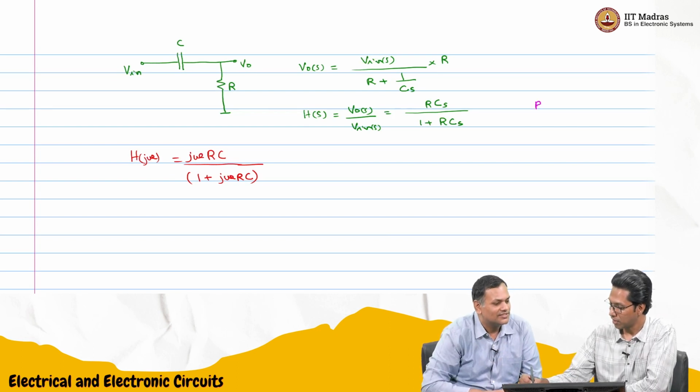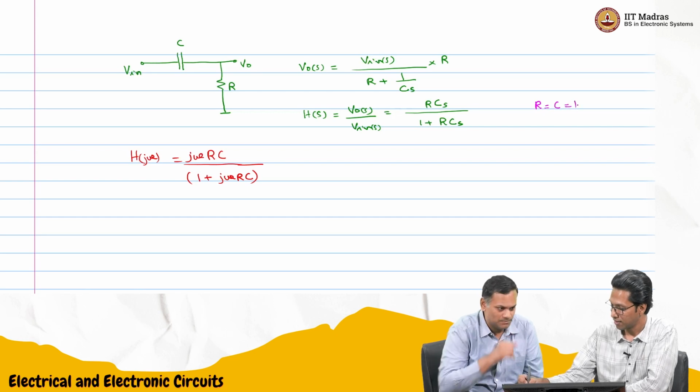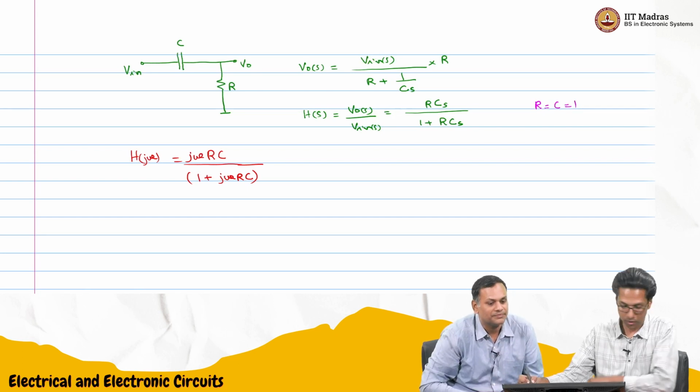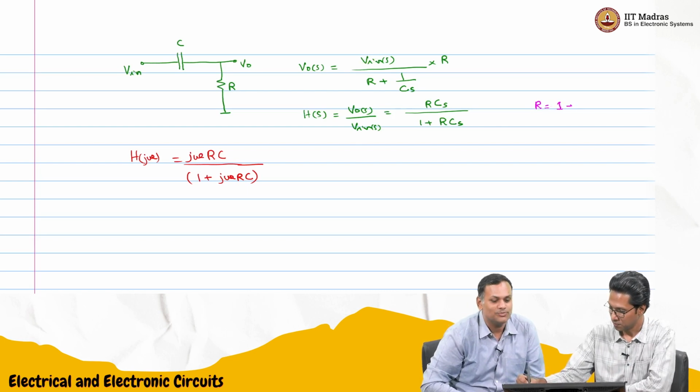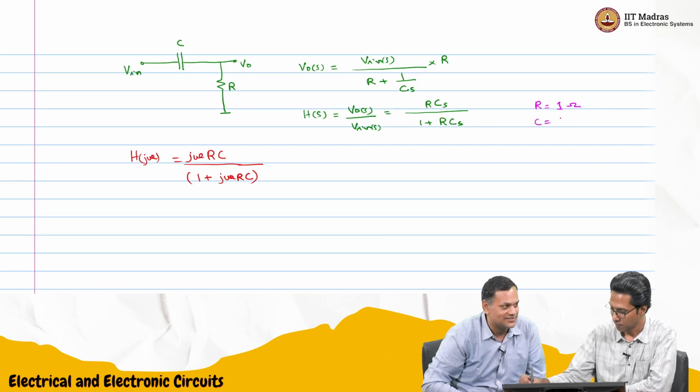We will take a case of R equal to C equal to 1, just for ease, to make it easy to plot the normalized curve.